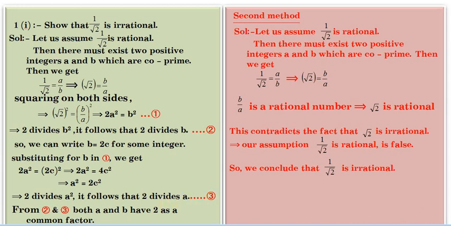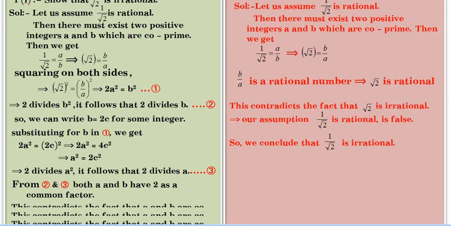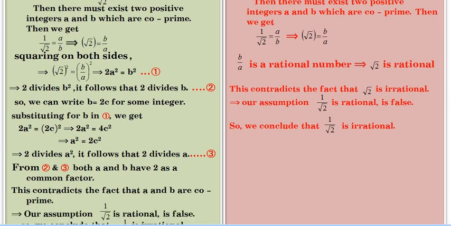Now if you carefully observe these two statements, 2 and 3, what do you conclude? This a and b have a common factor of 2, because these two numbers are divisible by 2, which means they have a common factor of 2. This is a contradiction because a and b are co-prime.